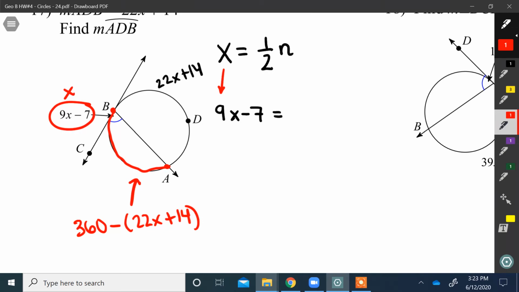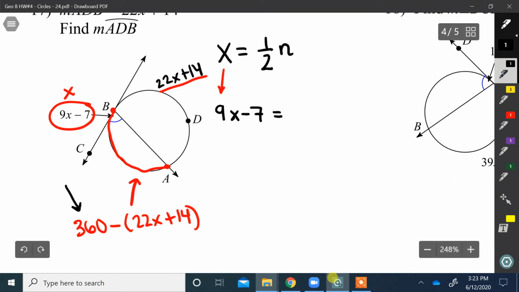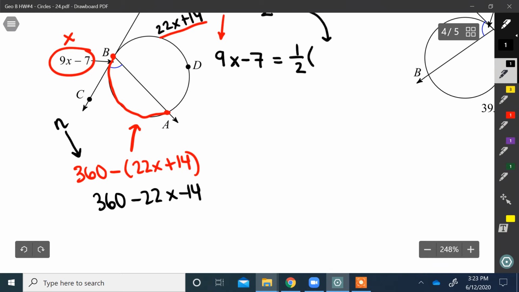So that red portion is 360 minus this right here. So this right here is what we consider our n. So that n right there will be, and I'm going to distribute this, and let's simplify it, 316 minus 14 is 346 minus 22x.